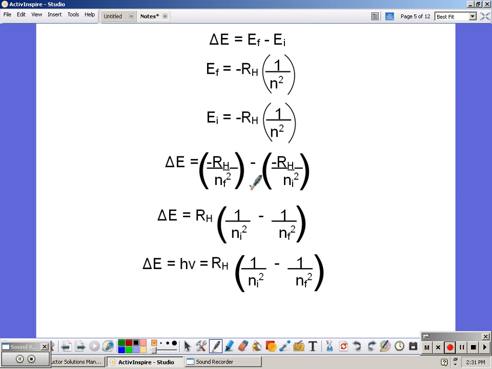To simplify this equation, we can take the Rydberg constant outside of the parentheses, which allows us to drop the negative as well. But we also know that energy is equal to Planck's constant times the frequency. So energy equals h nu, and energy equals the change in our energy levels; we're talking about the same thing.